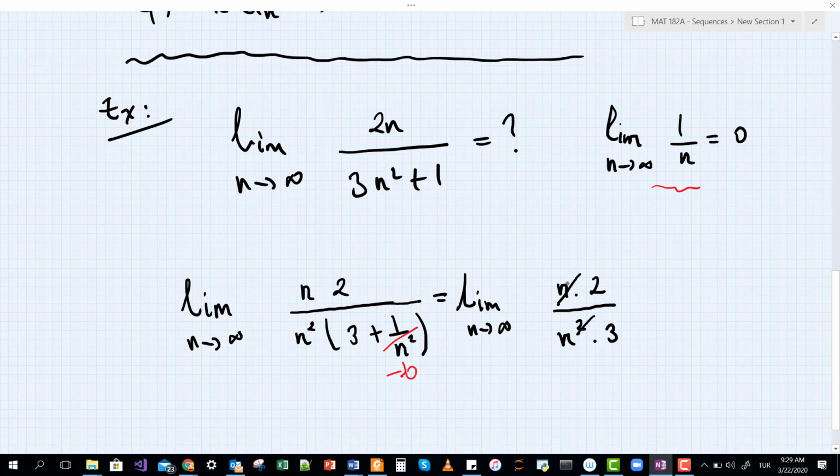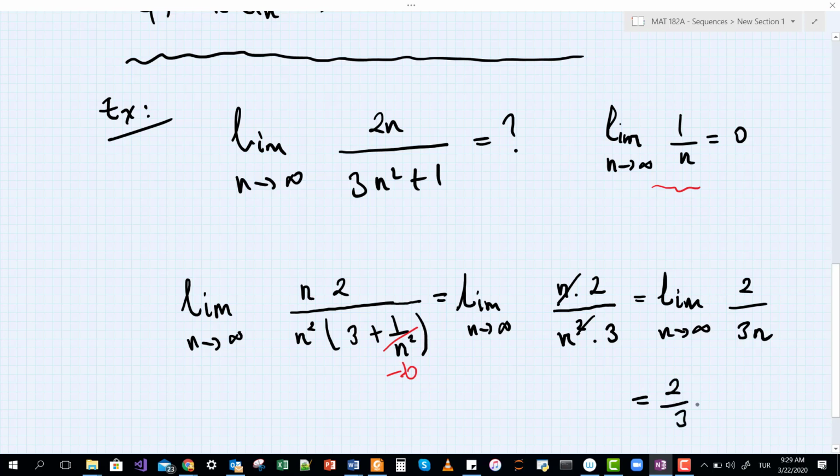Did you see that? Now n will cancel, and I will just have the limit as n goes to infinity of 2 over 3. It is similar to this one, and then I use the fourth rule in my main limit theorem: I can take the 2 over 3 out.